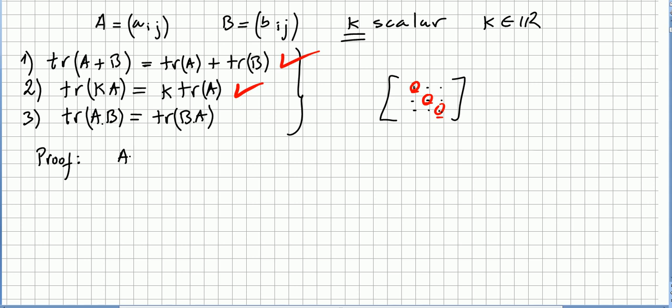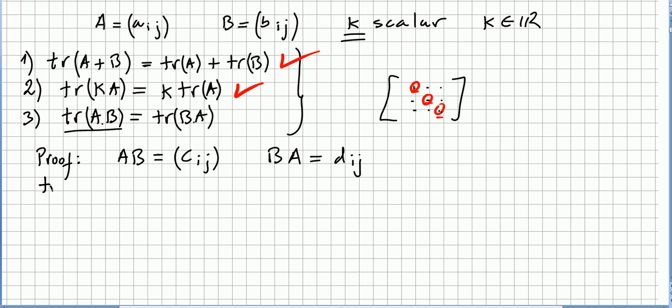So let us say that AB is the matrix c_ij, and let us say that the matrix BA, I have to change the letter here, is d_ij.